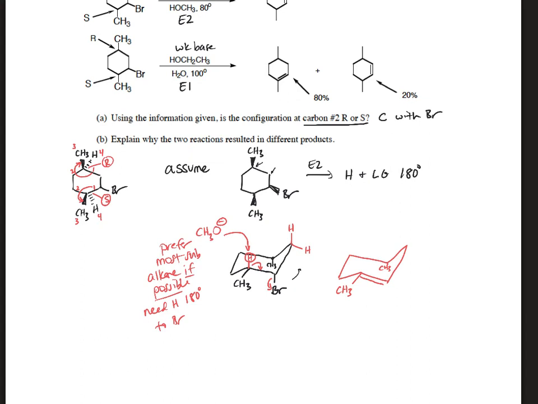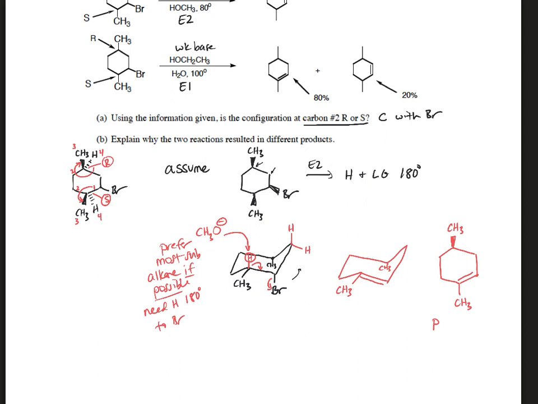So unwinding that so it actually looks normal, so here's where the bromine was. Here's where that CH3 that was next door to it is. The double bond would be right there. And then the other one didn't get touched, and it's just up here. Nothing happened there. So that would be my product of the E2.